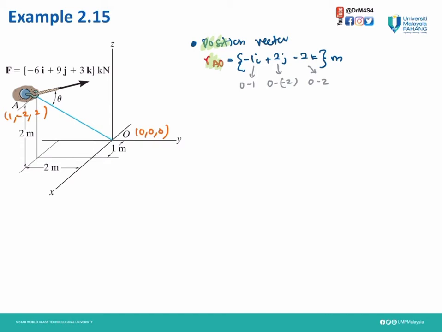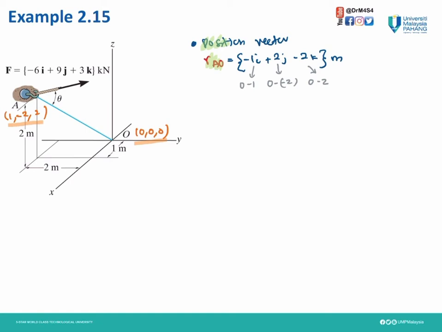For that, we need to identify the coordinates for position O and A. So here is coordinate O and this one is coordinate A.